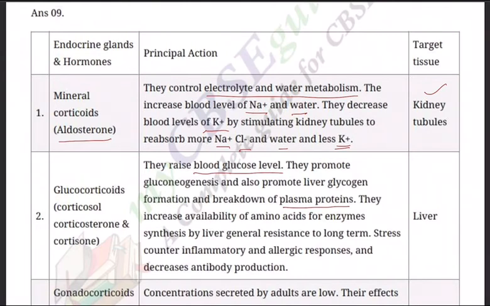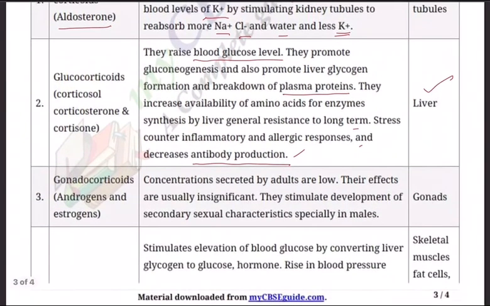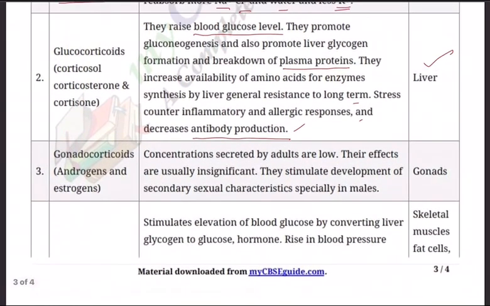They increase availability of amino acids for enzyme synthesis by liver. General resistance to long term stress, counter inflammatory and allergic responses and decrease antibody production. Look at that. Decrease antibody production. And target area is liver. That's why the glucocorticoids play a very crucial role.